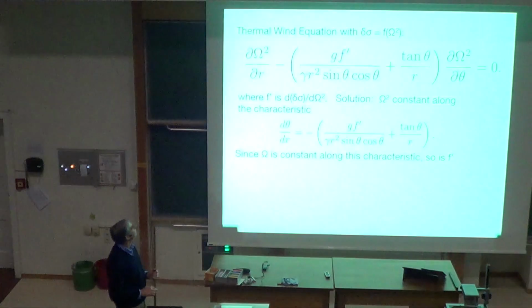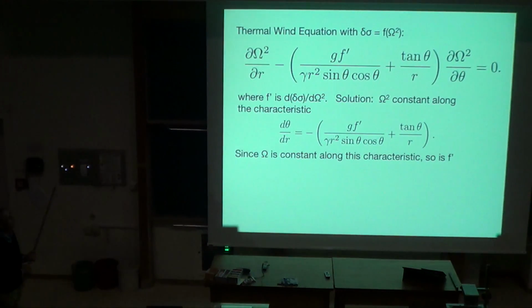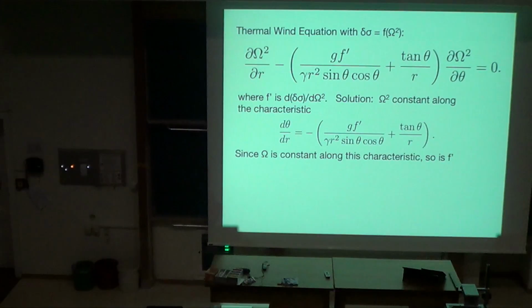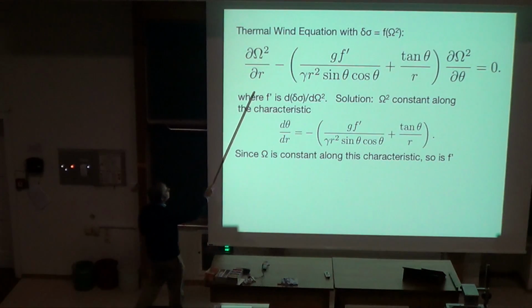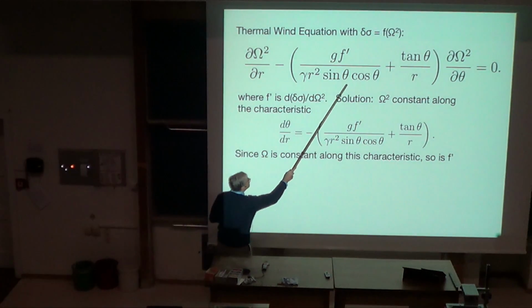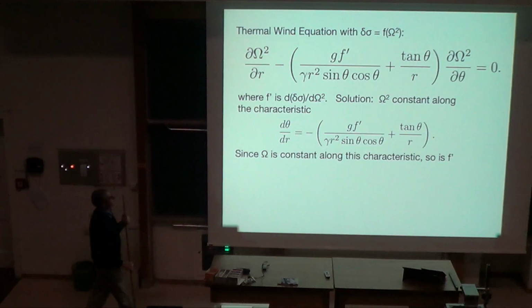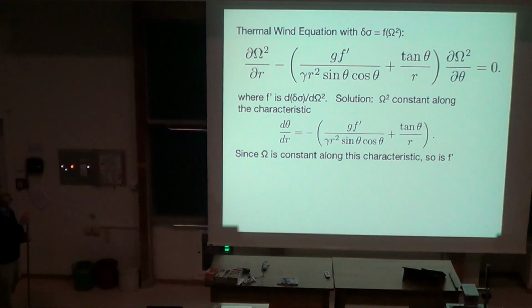But it's okay. So here's the full thermal wind equation with the ansatz that delta sigma is a function of omega squared, written in r theta. So this is at first a little bit scary looking. F prime, remember, is a function only of omega squared.